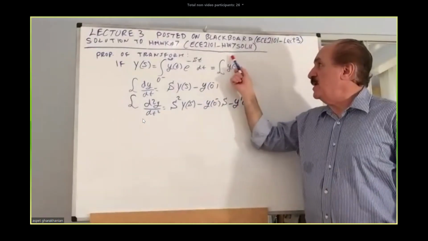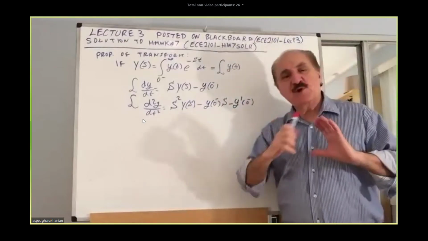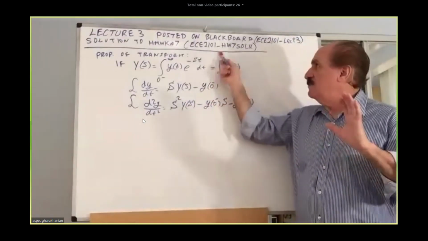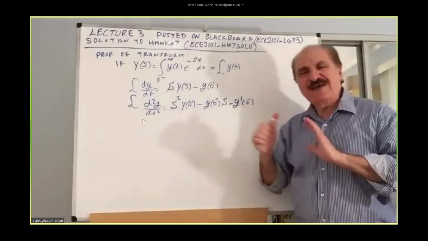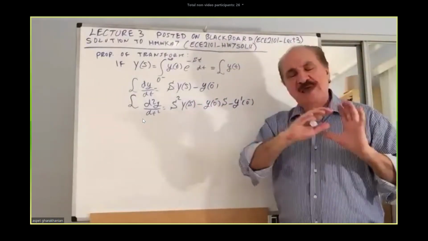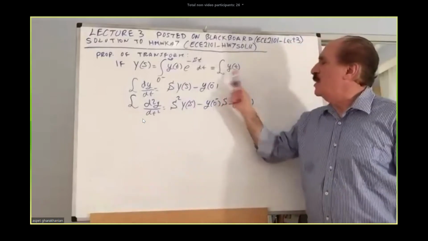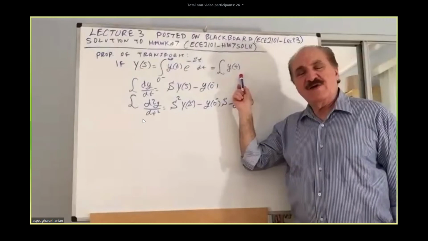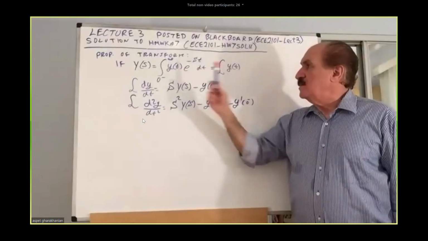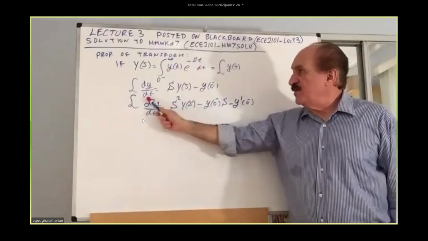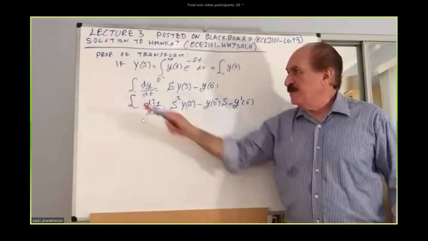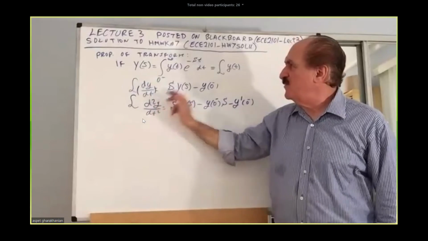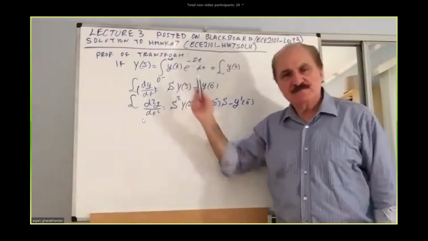L minus 1 against the y, it means we are inverse transforming. It shouldn't be y, of course, the y of s. L minus 1 applied to the y of s means we are changing it from s domain into time. So here, if y of s is the Laplace transform of y of t, then the Laplace transform of the derivative of y, it means just the derivative put under the integral.